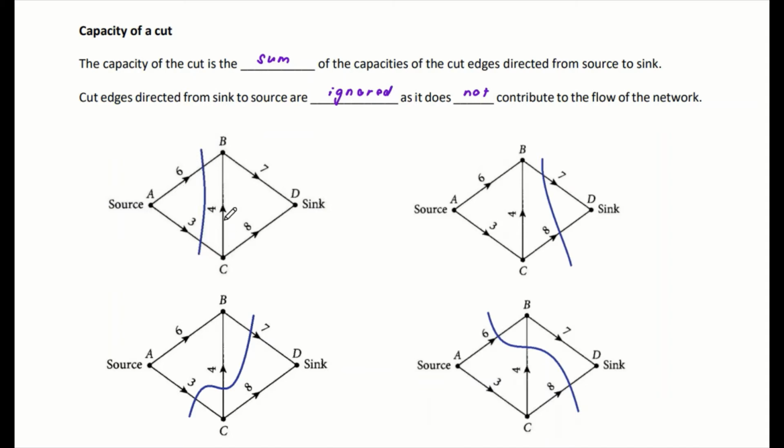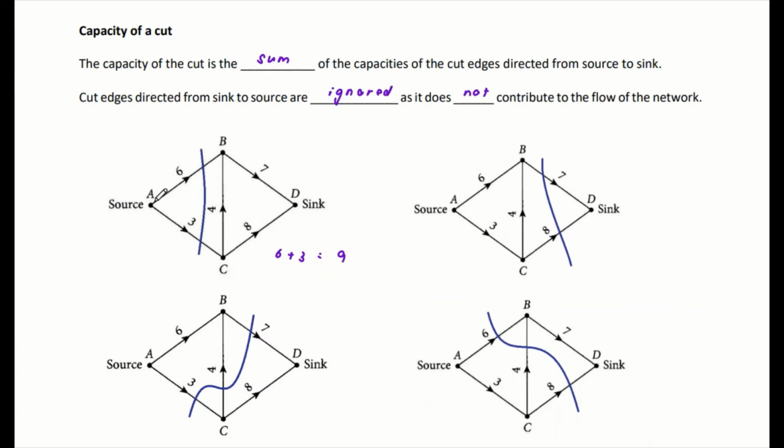So the capacity of this cut is 6 plus 3, which equals 9. You can see that AB and AC both direct the flow from the source to the sink. It's not that B is your sink; it's that the source is under this region and the sink is under the other region.